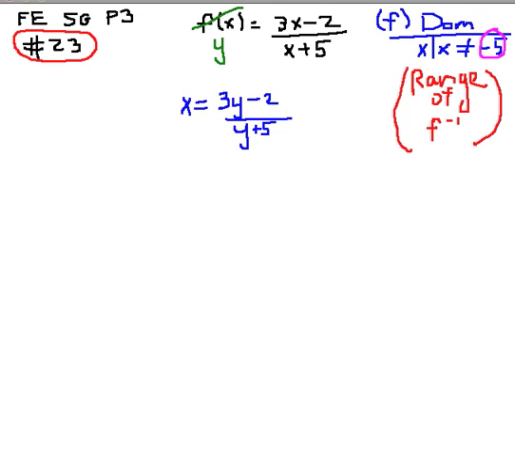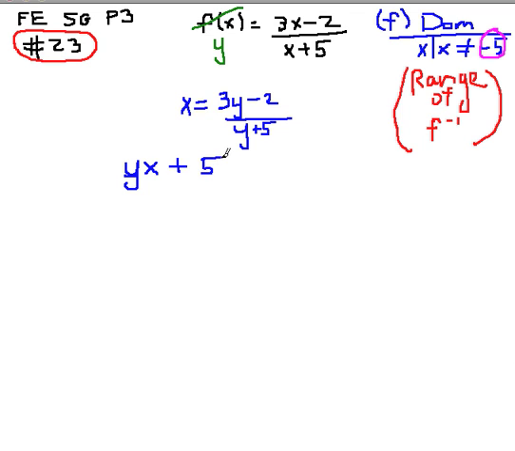Once we replace x with y and y with x, then we're going to solve for y. And the y we get is basically our f inverse. Just trying to think how I can save time here. When we multiply y plus 5 times x and distribute the x, we get yx. I would not normally do this.